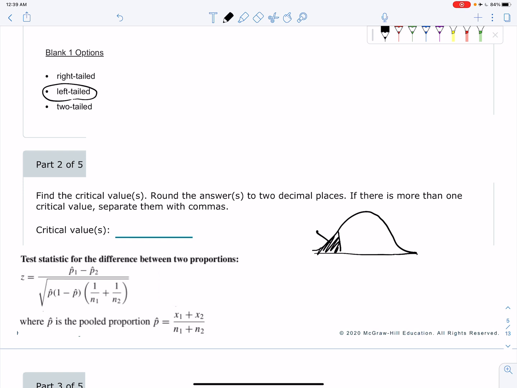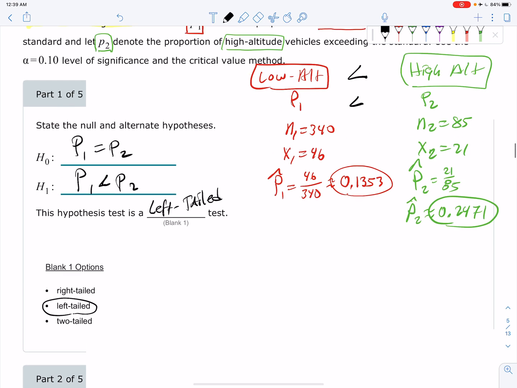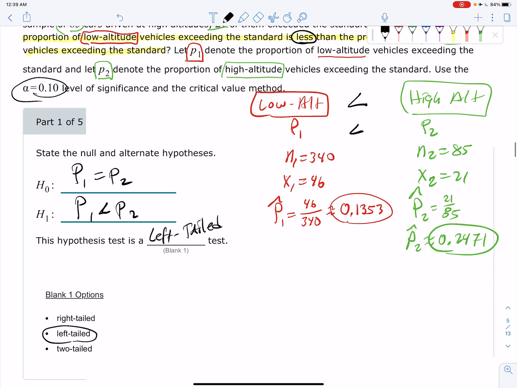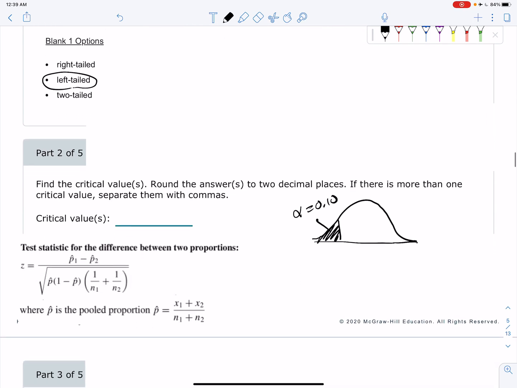And the alpha level happened to be 0.10, isn't that what they said? So what is the critical value? The critical value is going to be that point right there. The critical value is going to tell me when I actually get into that rejection zone. So that critical value is important for us.